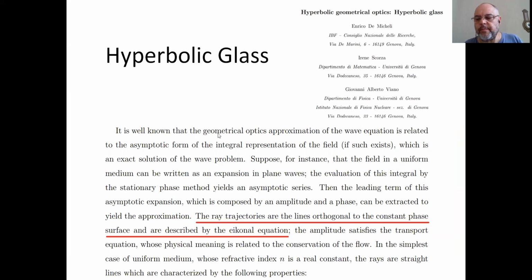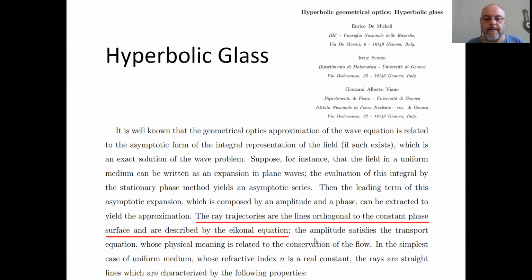It's well known that the geometrical optics approximation of the wave equations is related to the asymptotic form of the integral representation of the field, which is an exact solution of the wave problem. And they consider in this paper that the ray trajectories are the lines orthogonal to the constant phase surface and are described by the eikonal equations.